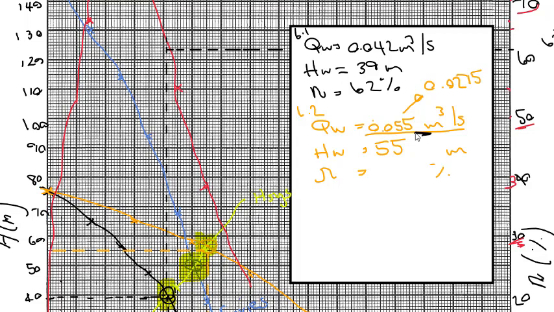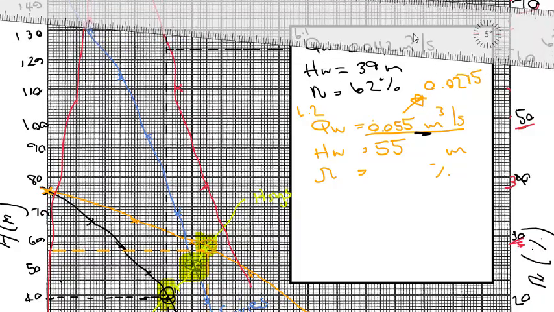If you had 3 pumps in parallel, you would have taken this value divided by 3, for example. But in this case, we only have 2 pumps in parallel, therefore we only divide by 2. So this will become 0.055 divided by 2, and it will give us 0.0275. So we have to go and read the efficiency for that discharge value.